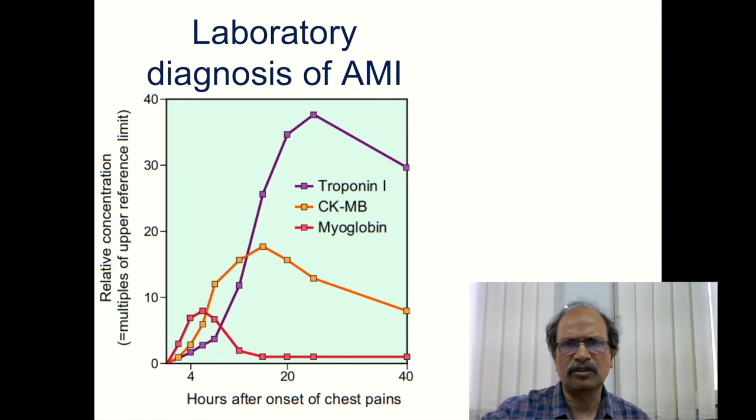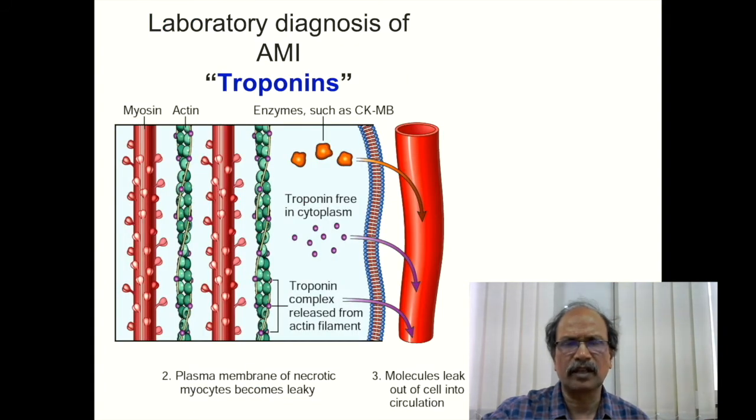Troponins are the proteins associated with contractile elements, myosin and actin, and these get detached when there is cardiac anoxia, and they diffuse through the cell membrane because the membrane cannot maintain its integrity due to low ATP levels. The sodium potassium pump fails, reactive oxygen species damage the cell membrane, and the membranes become leaky. So this troponin protein leaks into the circulation, where it can be estimated.